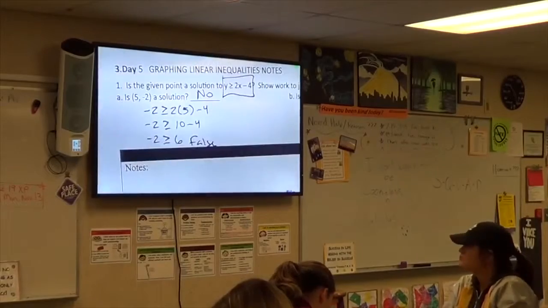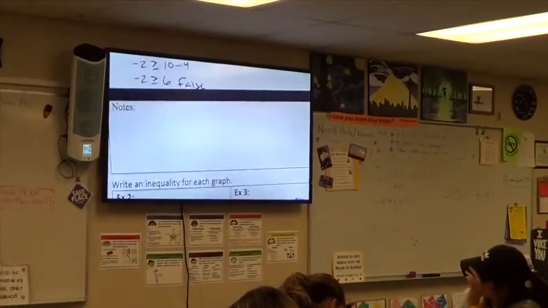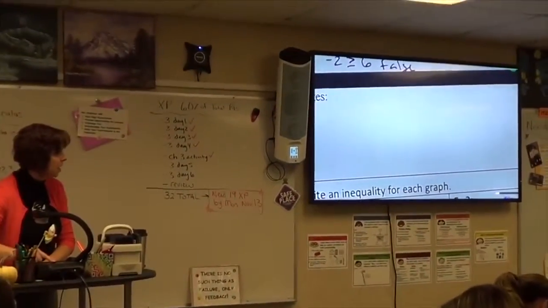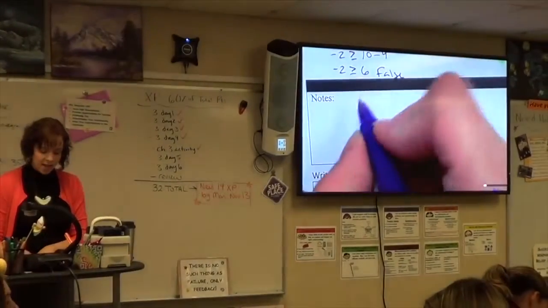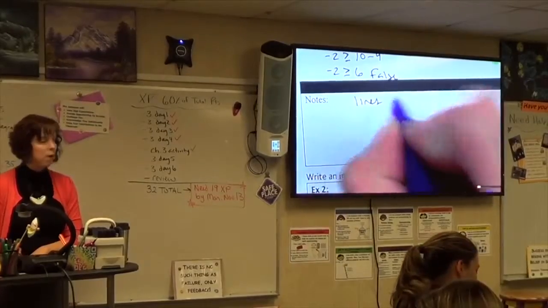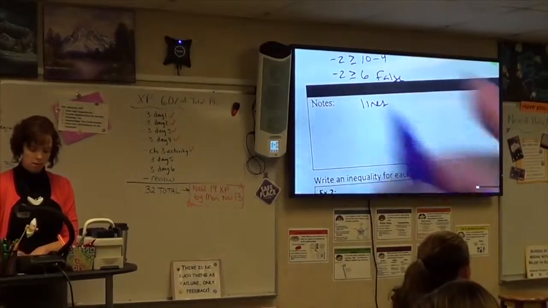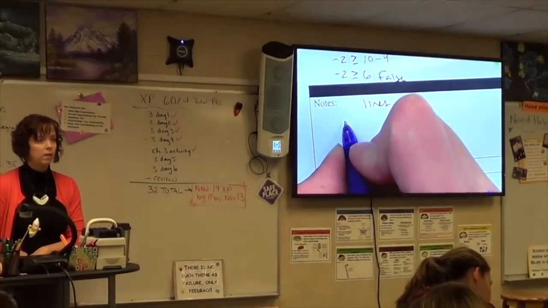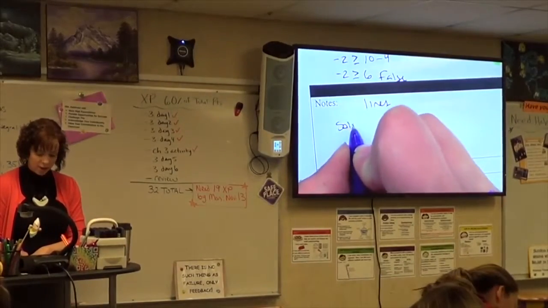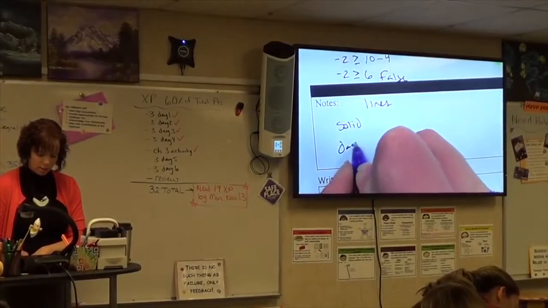Okay, we're going to come to a consensus about the graphs and inequalities that we just did. First thing we discussed was the type of lines. What were the two types of lines we saw? Solid and dashed. Beautiful.